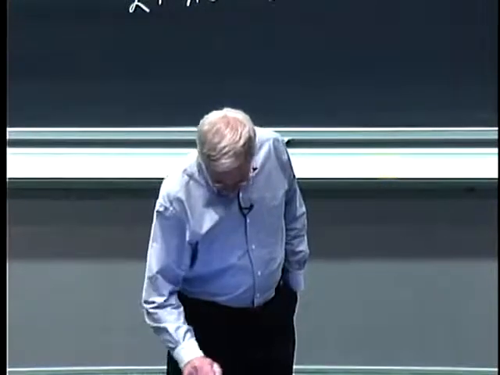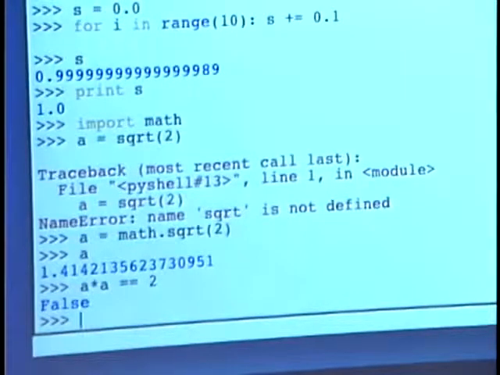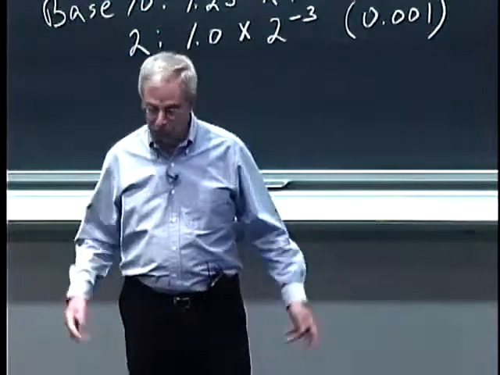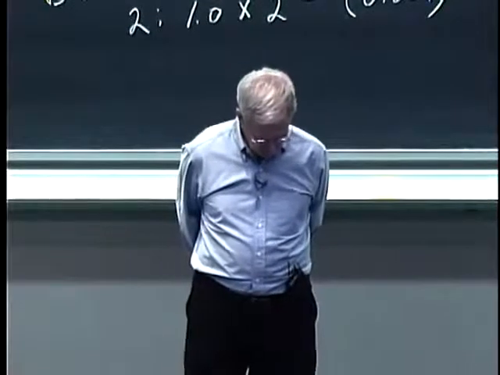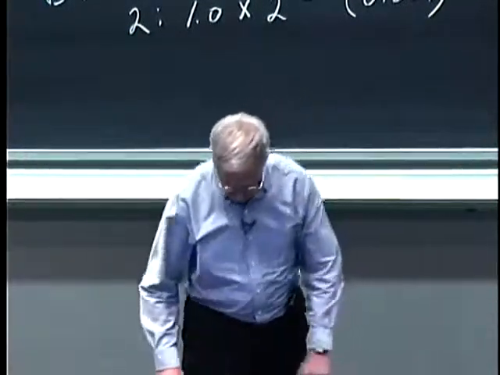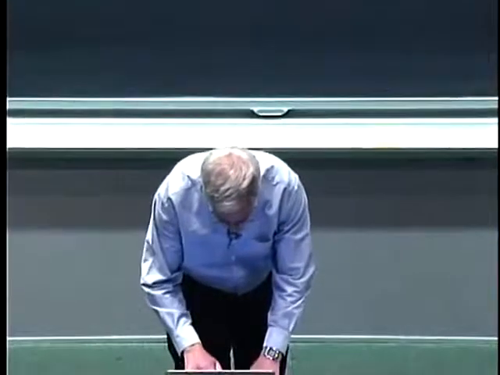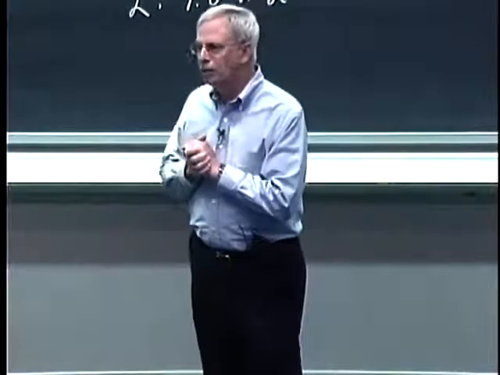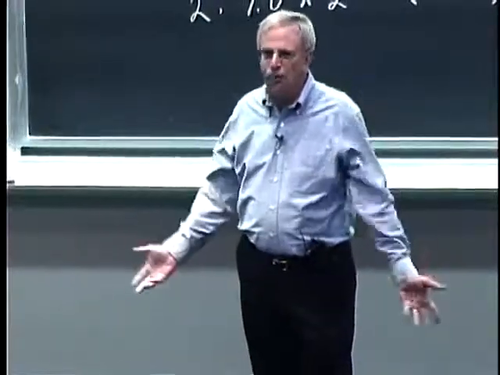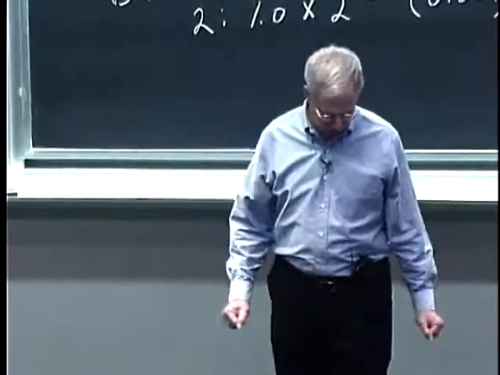But by now, you won't be surprised that the answer is false, because we know what we've stored is only an approximation to the square root. And that's kind of interesting. We can see that if I look at a times a, I'll get 2 point, a whole bunch of zeros, and then a 4 at the end. So this means if I've got a test in my program, in some sense it will give me the unexpected answer false.